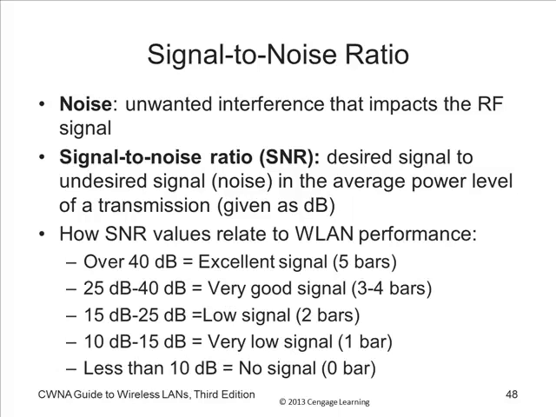Over 40 dB, and this would be kind of an RSSI. Over 40, excellent, 5 bars. 25 to 40 dB, 3 to 4 bars. 15 to 25, 2 bars. 10 dB to 15, very low. Less than 10 dB, no signal, 0 bars.